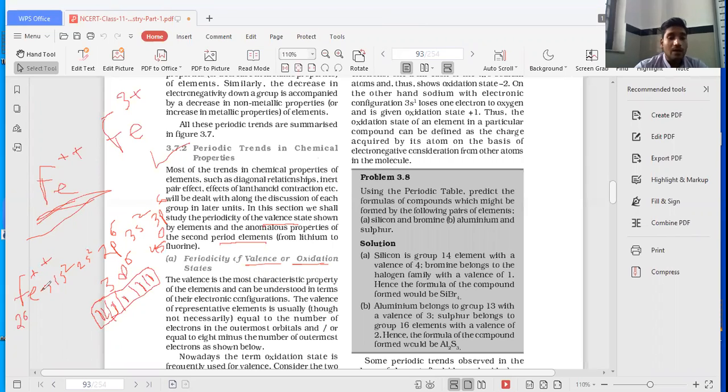Understood? Now iron 2+ में अगर आप नोटिस कर पा रहे हो तो there are 6 electrons in d orbital, and I have already told you, according to the Hund's rule of maximum multiplicity, any orbital is stable when it is completely half filled or when it is completely full filled. Okay, so if this 6th electron of the 3d orbital will be removed, what will happen? It will become stable.